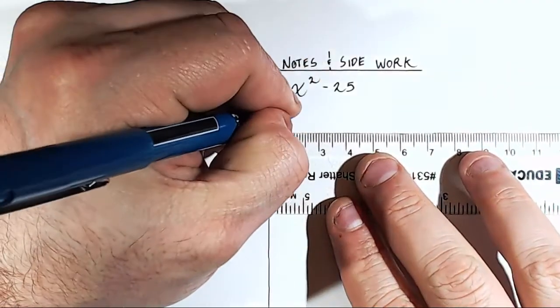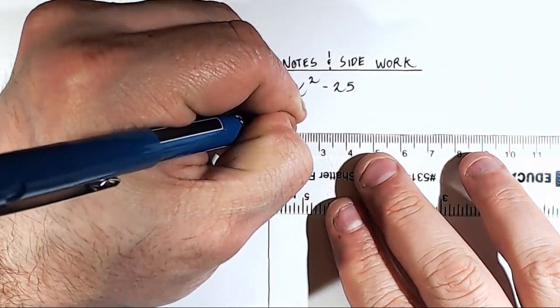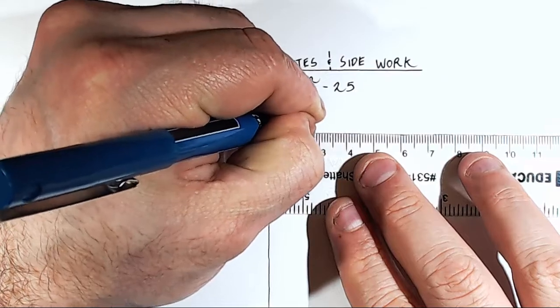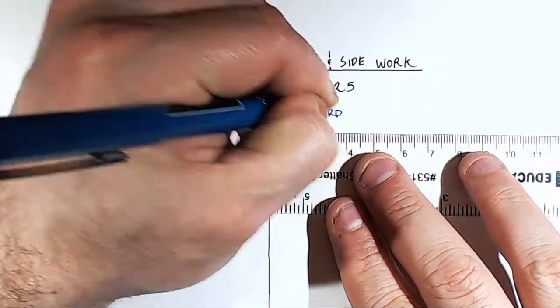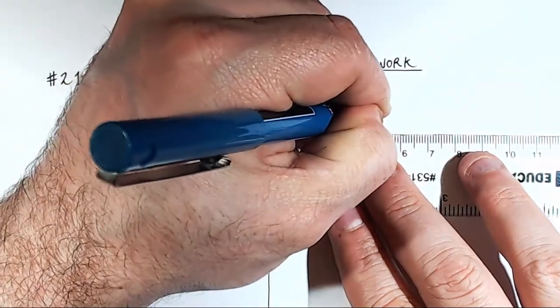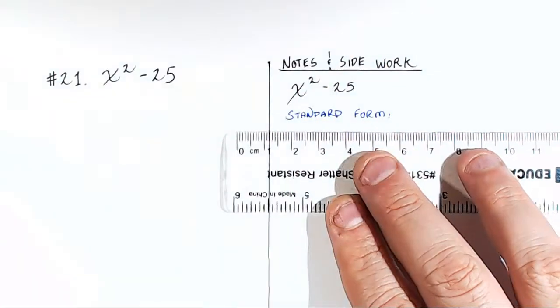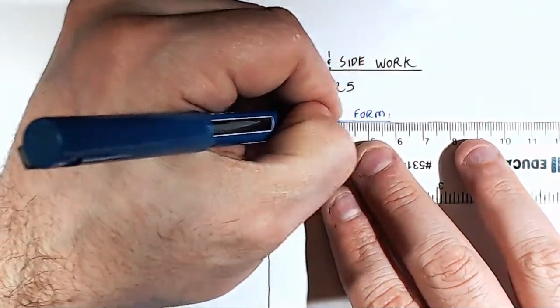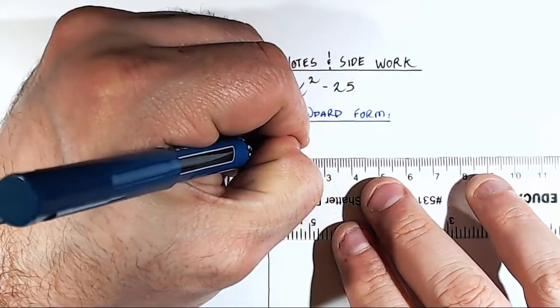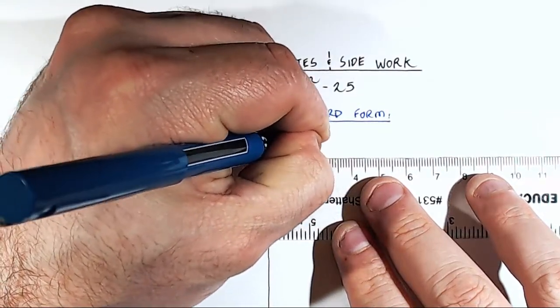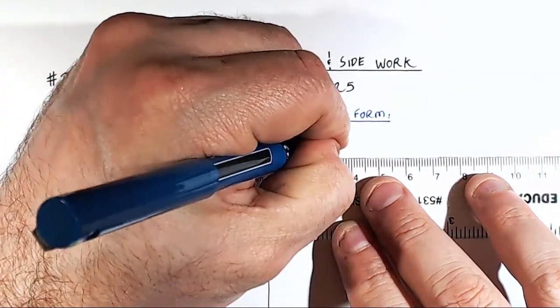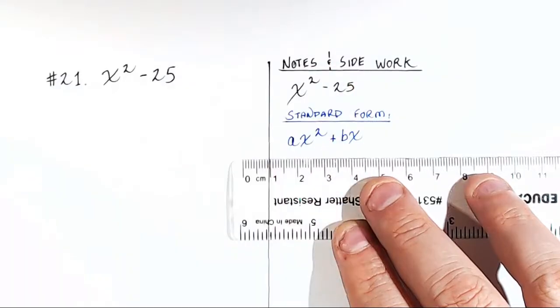Okay, here's the standard form of a quadratic function. This is called standard form. Standard form is ax squared plus bx plus c.